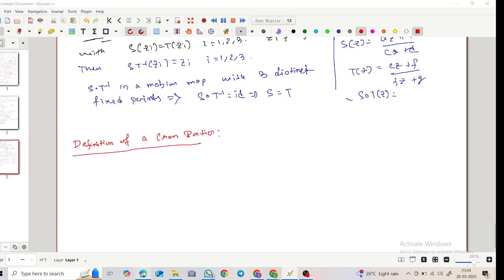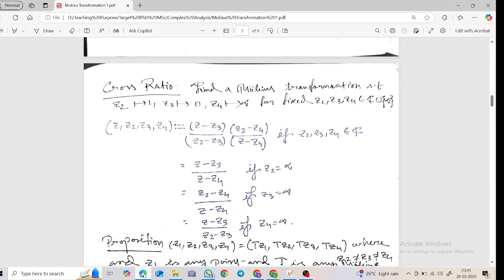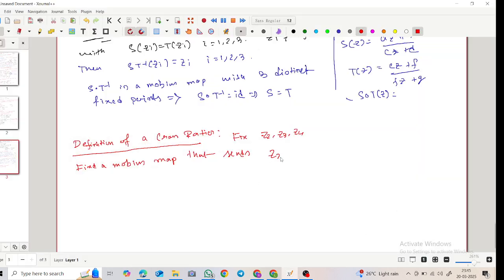So first, find a Mobius map that sends, so fix Z2, Z3, Z4, okay, that sends, I think Z2 to 1, again you see the problems, Z2 to 1, Z3 to 0 I think, and Z4 to infinity.